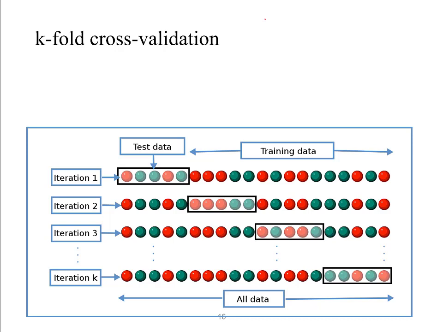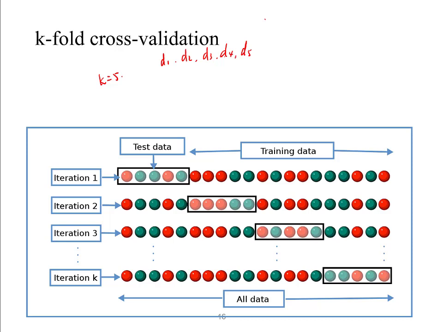Let's say k equals 5, we divide the training data into D1, D2 to D5.